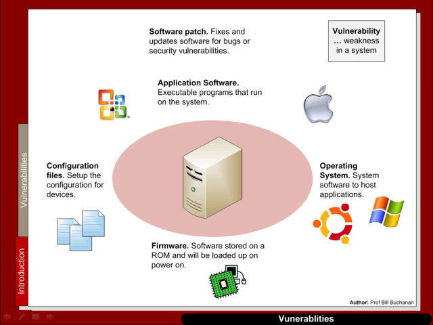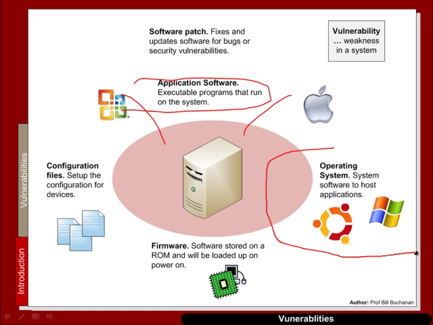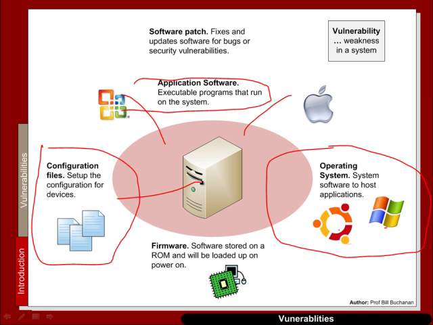Some of the things that might be vulnerable inside a system include the application software itself, and those are the programs that actually run on the system, typically within an operating system. The operating system itself could be vulnerable to certain types of attacks, in this case Windows and Ubuntu here. We can also have configuration files inside the system which will set up devices and the system itself.